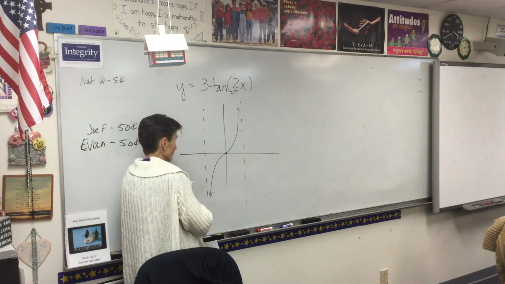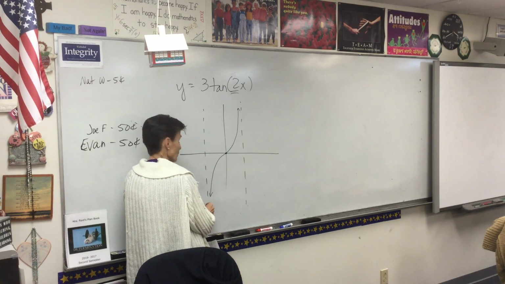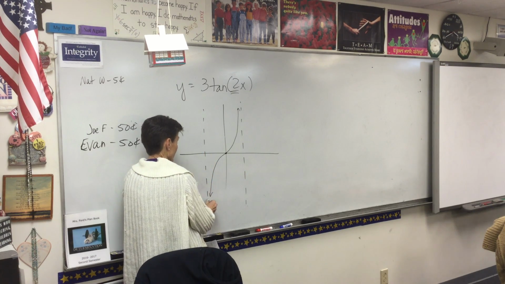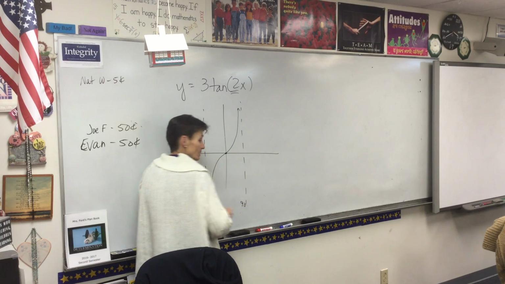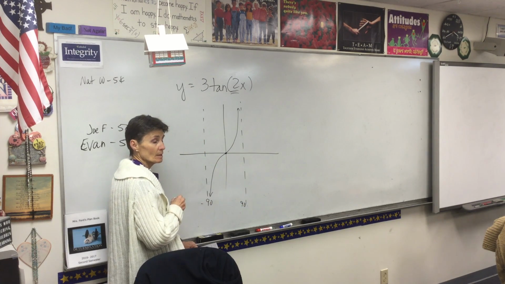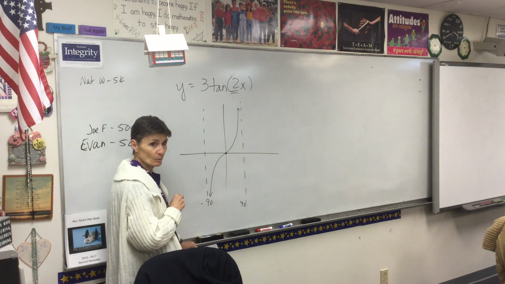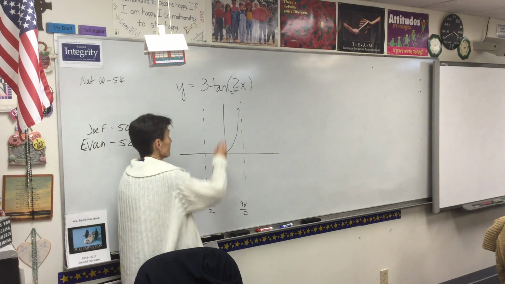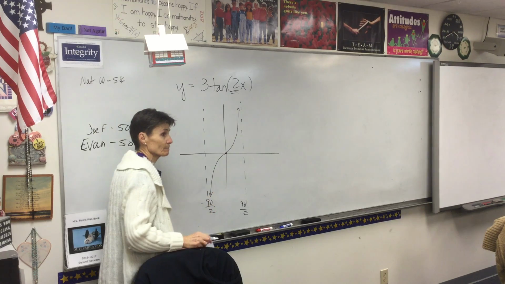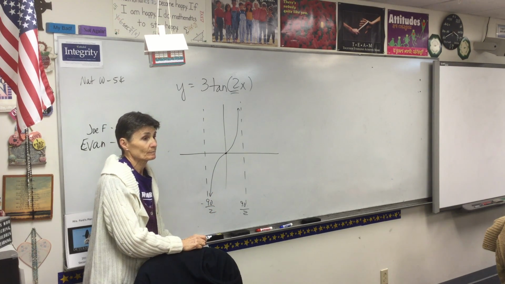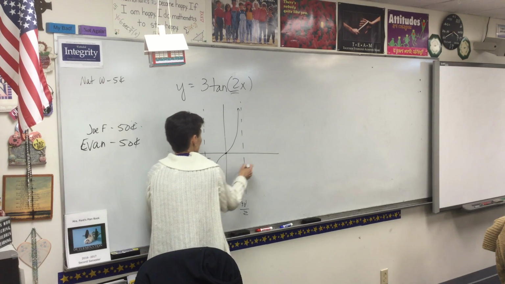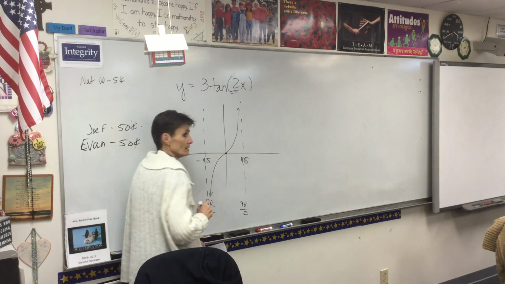I know that normally these asymptotes would be where? What are the labels on the asymptotes normally? Negative 90 and 90. But because I put a 2 out there, I'm going to divide those by 2. Remember, this number divides my labels. So my asymptotes are actually at negative 45 and 45.